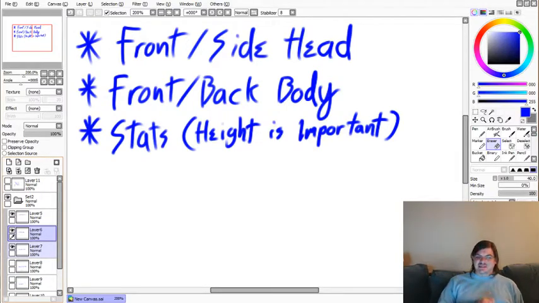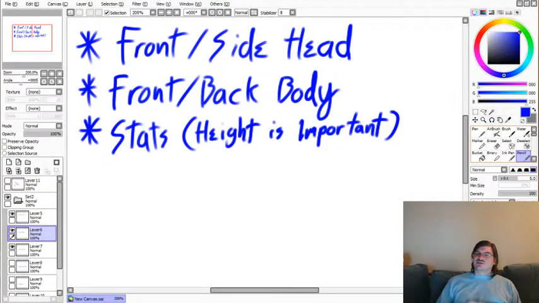All right, so next, character statistics. Most of the statistics are included with a good image, but if the image isn't that informational, then you need to include body type, which we went over before, and height.